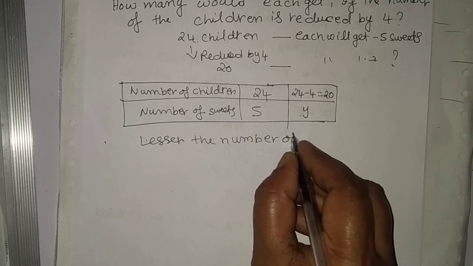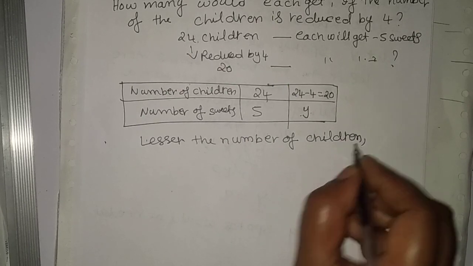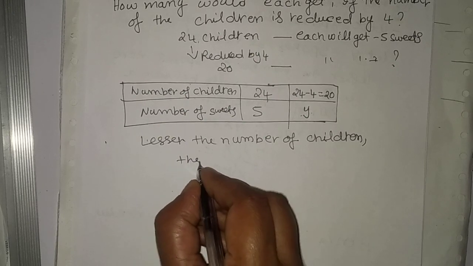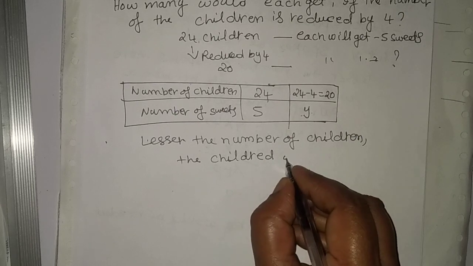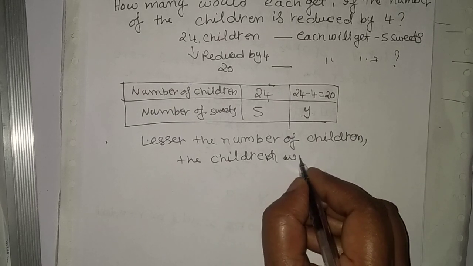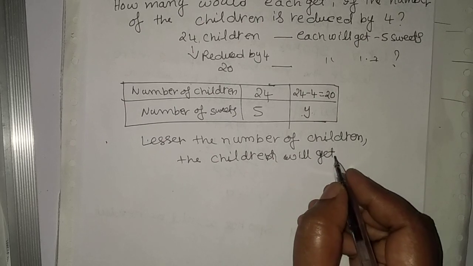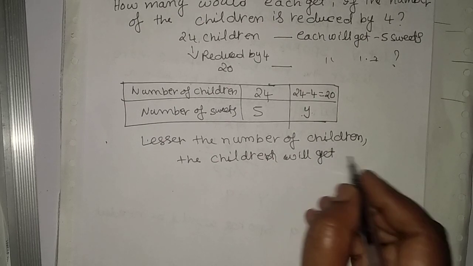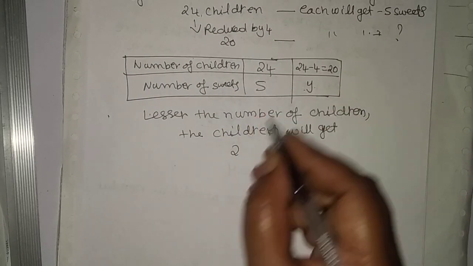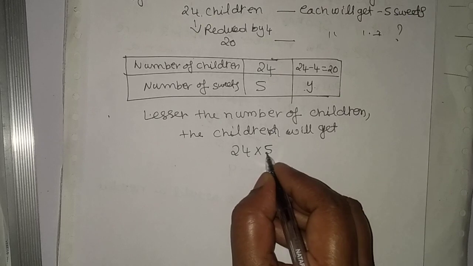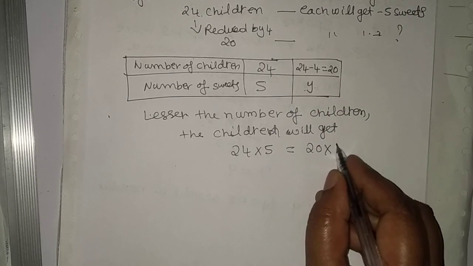Number of children, the sweets the children will get. Therefore the initial value is 24 into 5 is equal to 20 students into y.